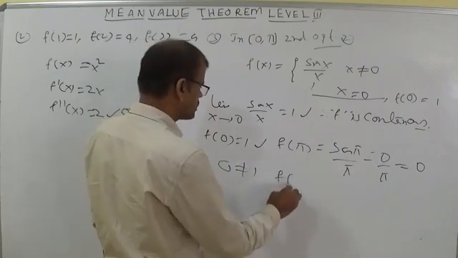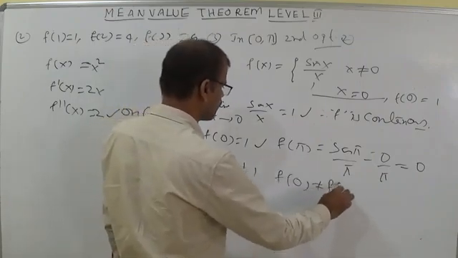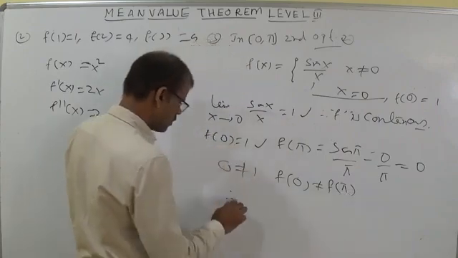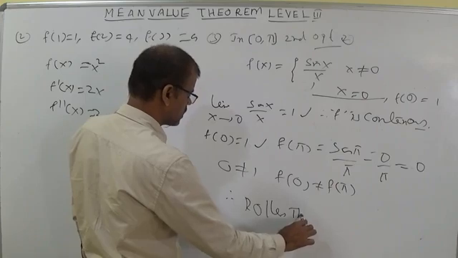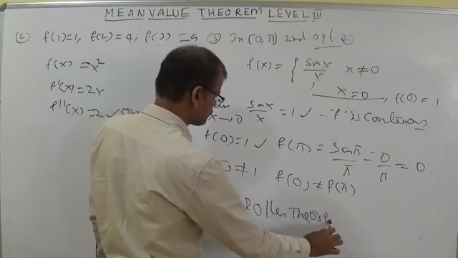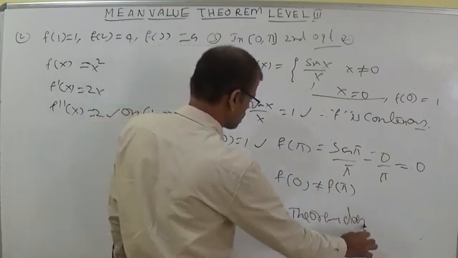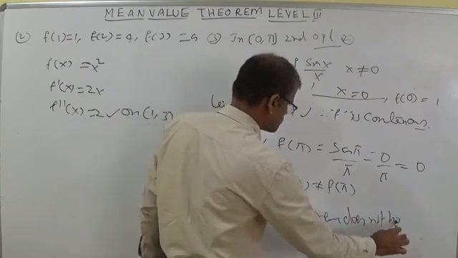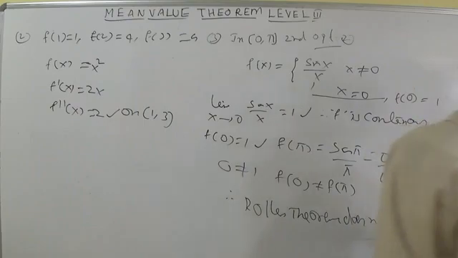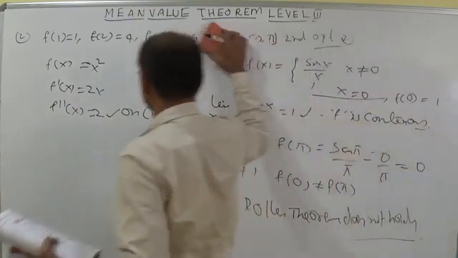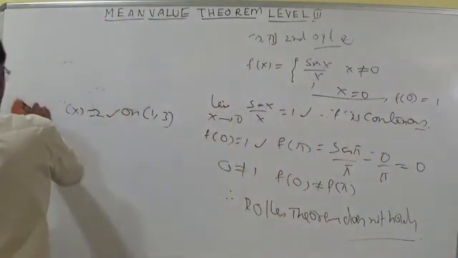Therefore, f of 0 not equal to f of pi. Therefore, Rolle's theorem does not hold. Second option here.